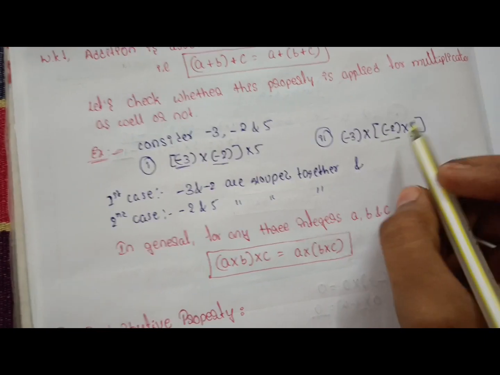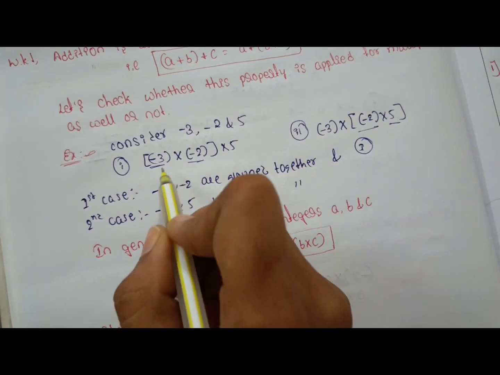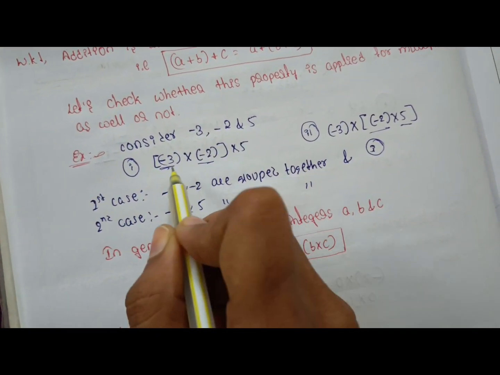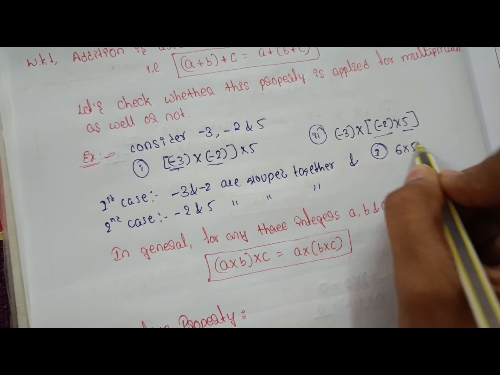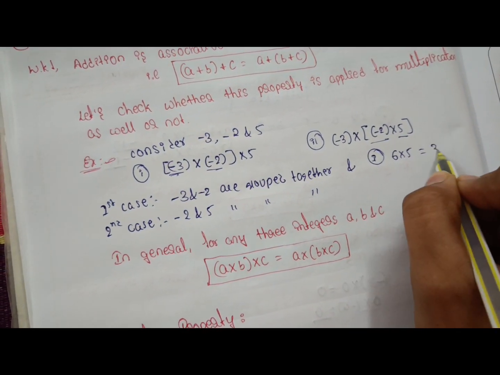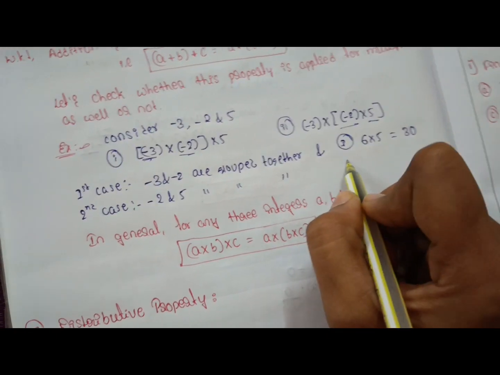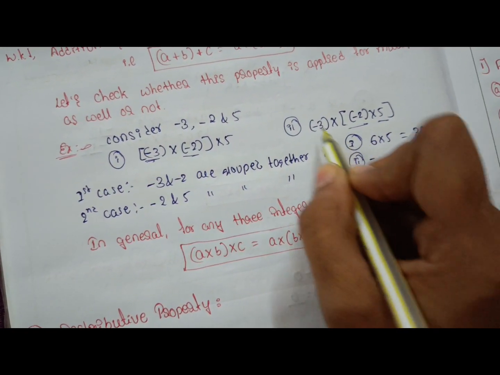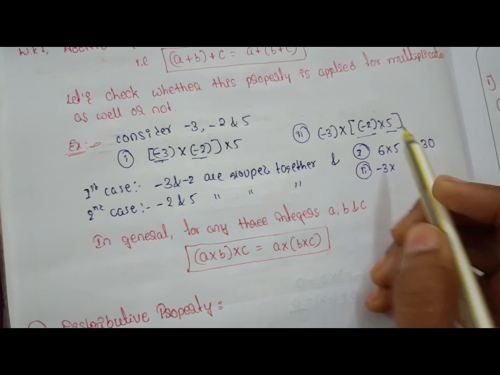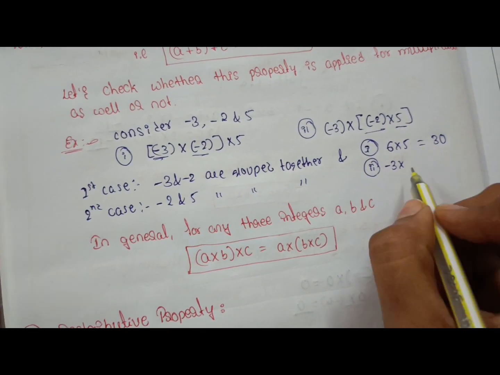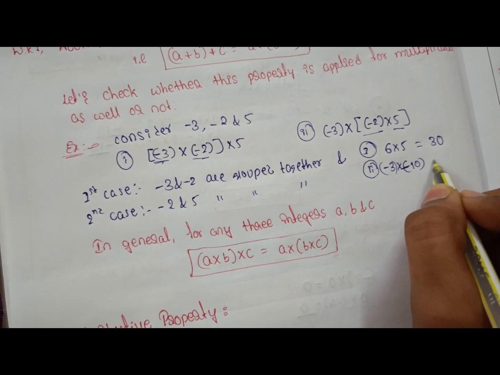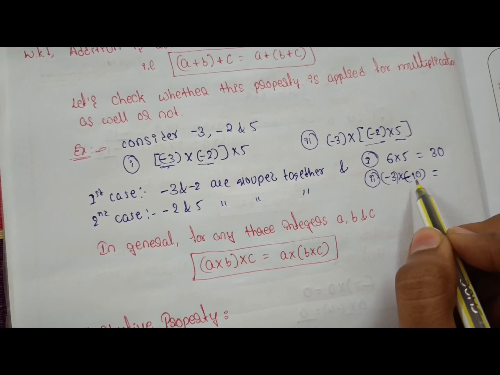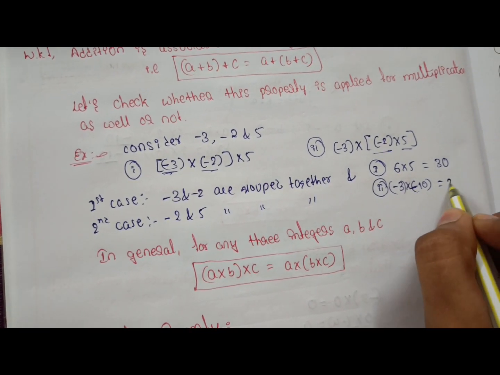And we will solve first case. Minus 3 into minus 2, minus into minus plus, 3 2 is a 6. 6 into 5, that is 6 5 is a 30. And in second case, minus 3 into minus into plus minus, 2 5 is a 10. So that is equal to minus into minus plus, 3 10 is a 30.